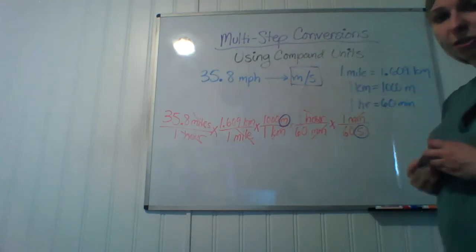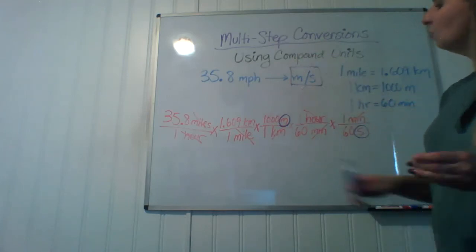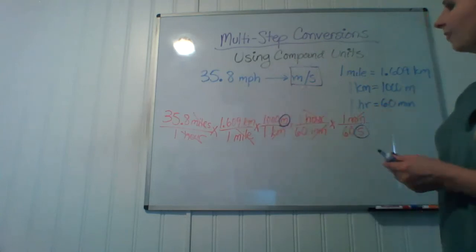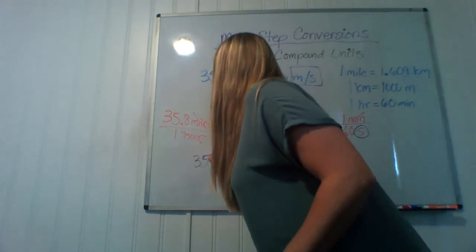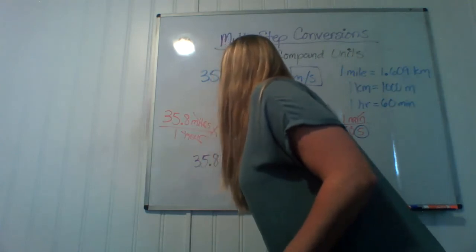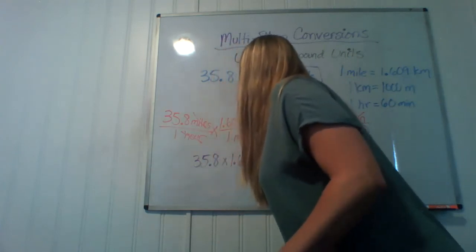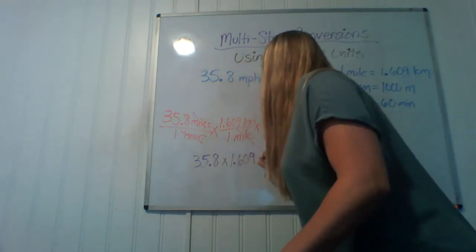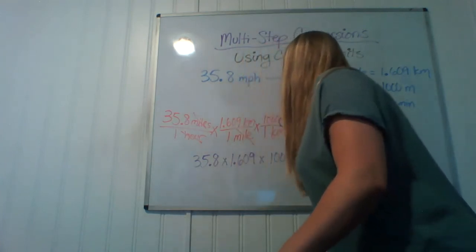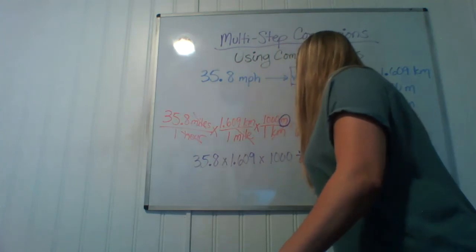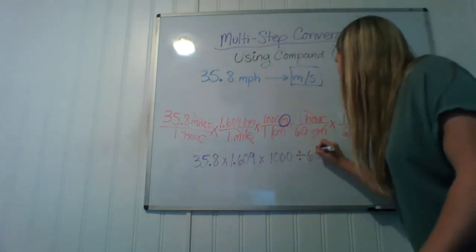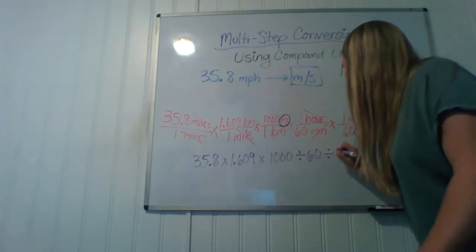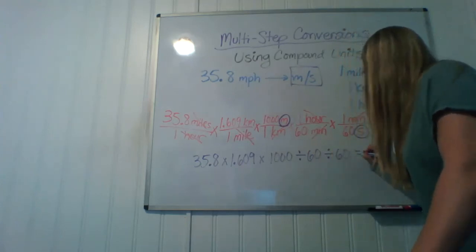So now once the units are complete, then it will be a matter of just doing the math. Starting on the left side, we're going to do 35.8 times 1.609 times 1,000 divided by 60, because the 60s are here on the bottom, then divide by 60 again.